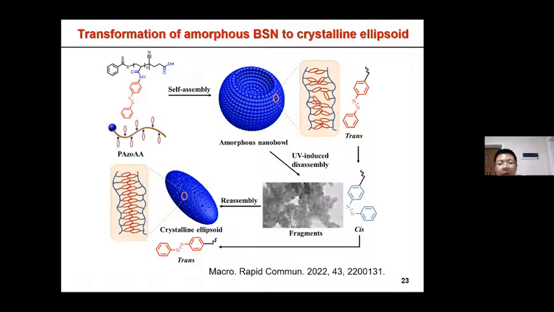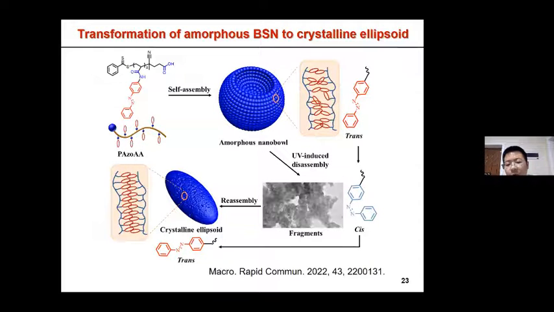With the exposure of UV light, the trans-azobenzene will transform to cis-azobenzene, which results in the increase of the hydrophilicity of azobenzene pendants, and also the hydrophilicity of the homopolymer. So bowl-shaped nanoparticles disassembled into polymer fragments under UV irradiation. But when we turn off the UV irradiation, the cis-azobenzene will transform to trans-azobenzene.